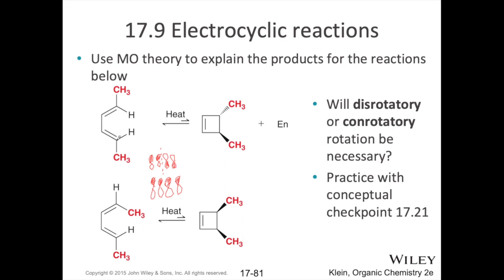So that's this carbon here and this carbon here. So that's why you need to have a conrotatory rotation. Unlike the previous example where you had both the same color lobes on top, so the disrotatory rotation caused them to overlap. Here, they're on opposite sides, so they need to do a conrotatory rotation.